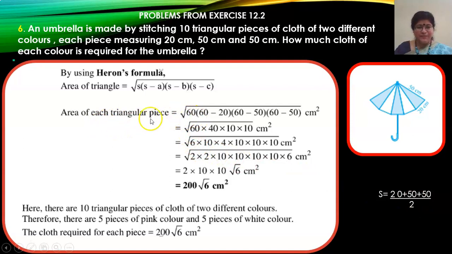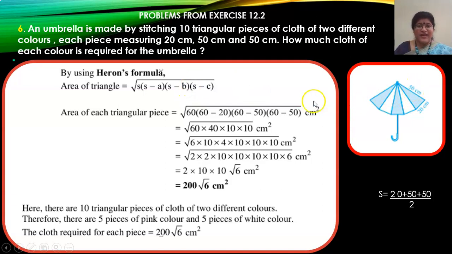Then you know the next step, you're finding the area of each triangular piece. Now you notice that each and every triangular piece is of the same dimensions. So let us calculate the area of this triangular piece. Substitute these values. S is equal to 60. Now you are aware that a, b and c stand for the three sides of the triangle.